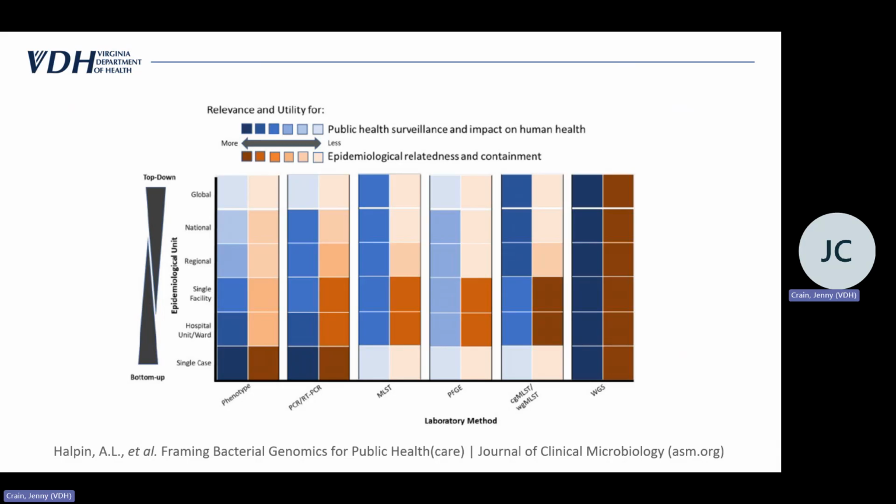The bottom-up approach would be really the flip reverse of that, where we have maybe one single case that has been identified in a healthcare associated infection environment, right? A hospital or a long-term care facility. And in that case, maybe we've then identified a second case. And so it's a very small cluster, but the scale is different, and how we apply the results is going to be very different as a result. But we are now trying to actually contain the disease.